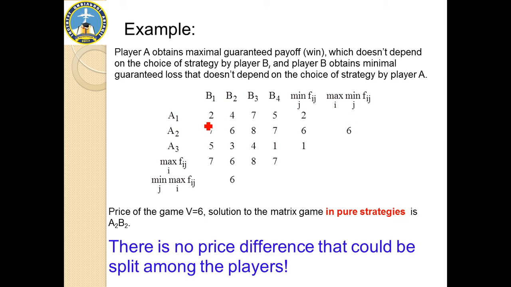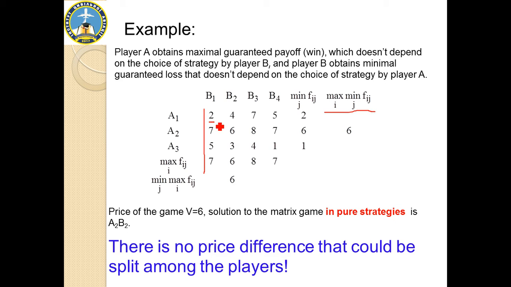We find the minimax strategy for one player, for player A, and we find the maximin strategy for the other player. So, for example, we find minima across the rows.